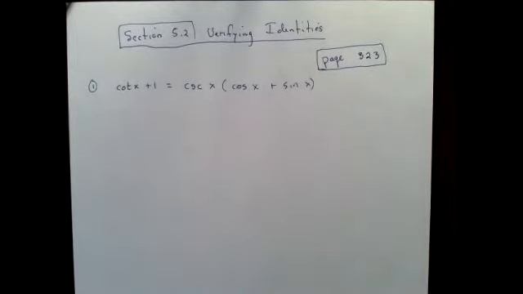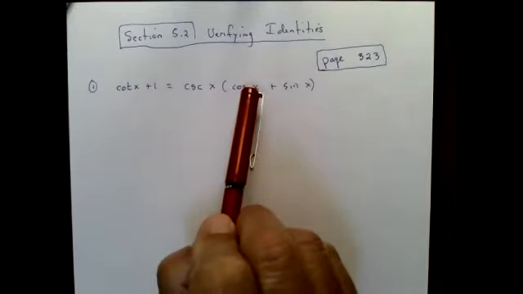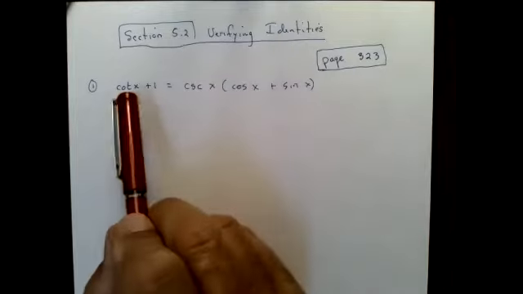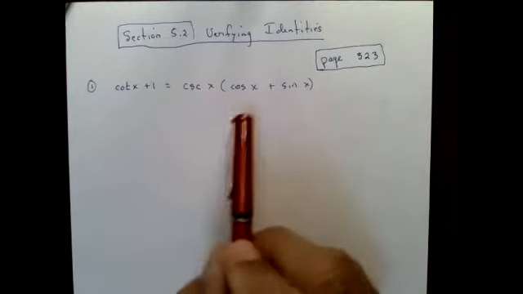All right. So what we have here is a big mess. And the idea of verifying an identity is take one side, either the left or the right, and work with it to make it look like the other side. Okay, I want to take one of these 2 sides and do stuff to it.